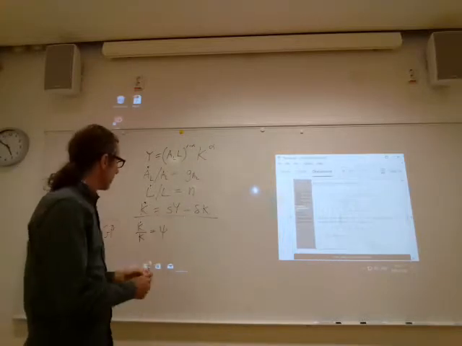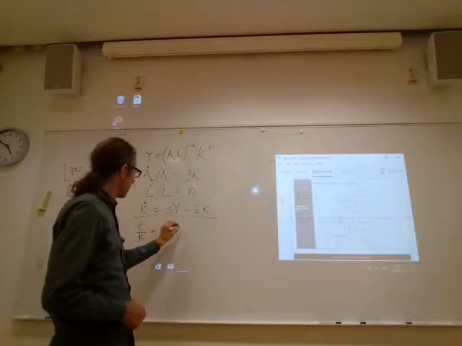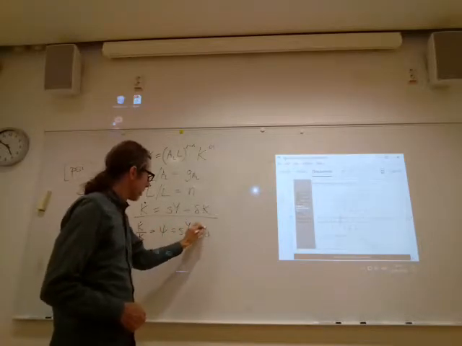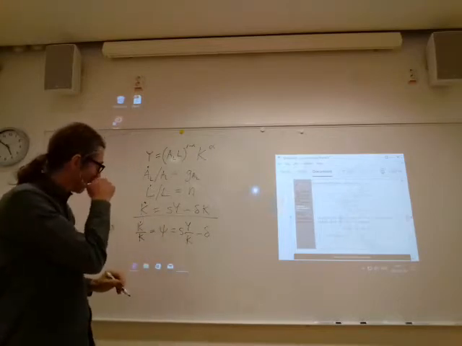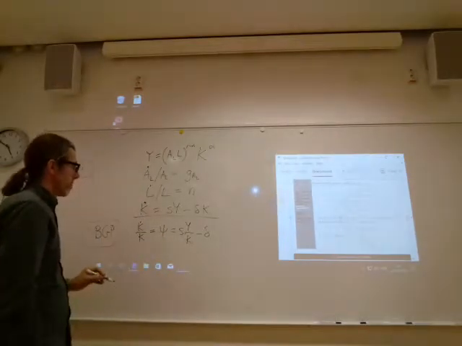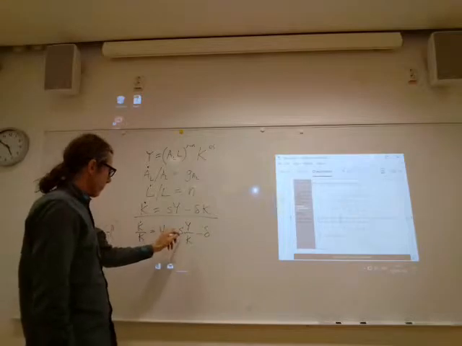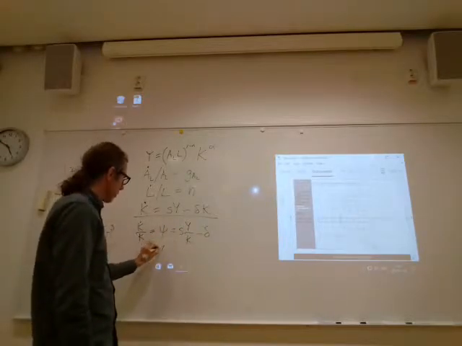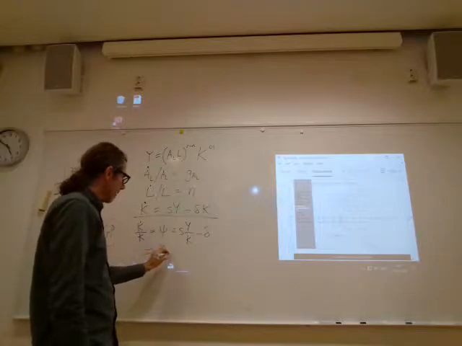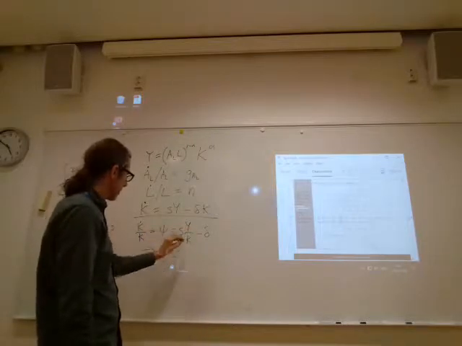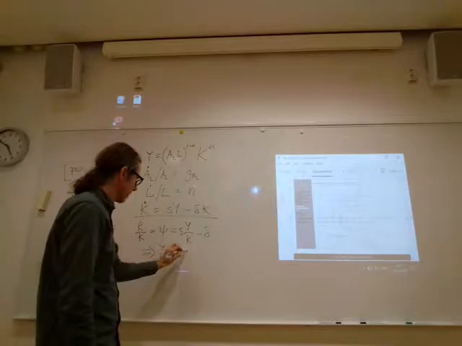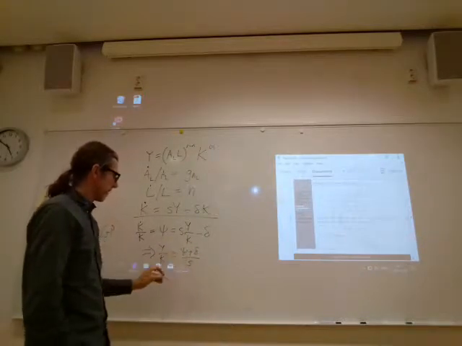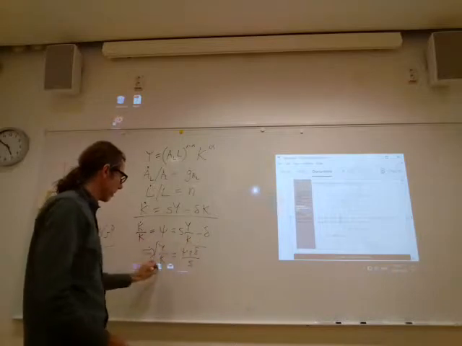But from this, k dot over k is s y over k minus delta. But that means that y over k is psi plus delta over s, doesn't it? And psi, delta, and s are all constants.